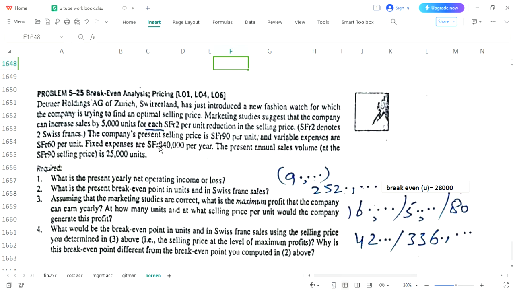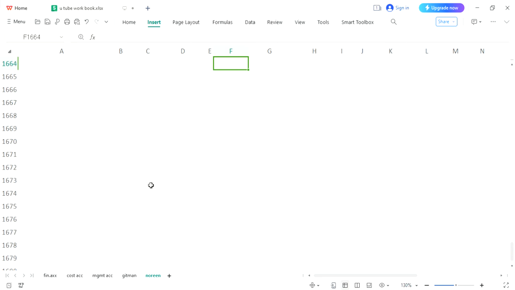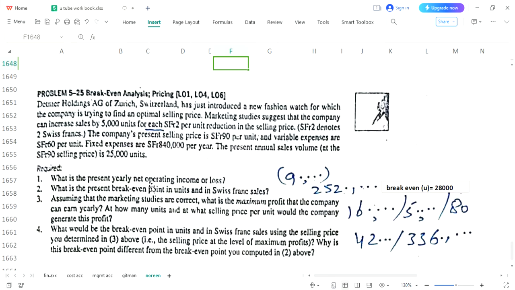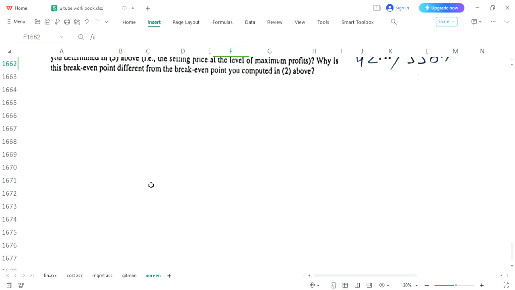The company's present selling price is 90, variable expense is 60, fixed expense is 840, and present annual sale volume is 25,000. What is the present yearly net operating income? For that we will construct a contribution format income statement.